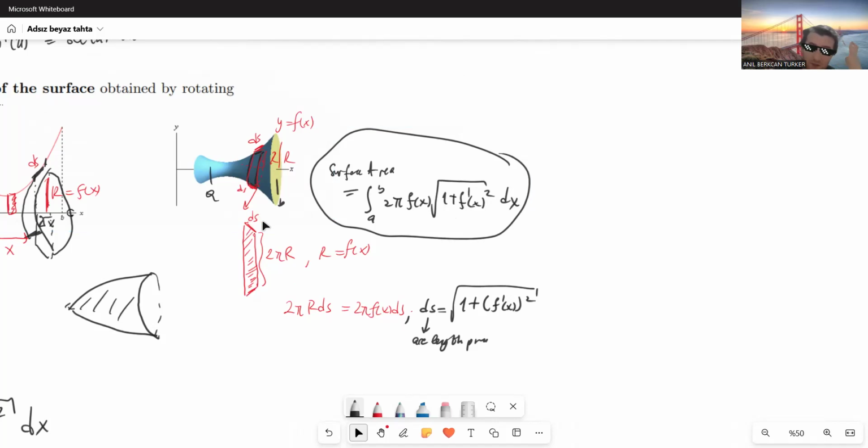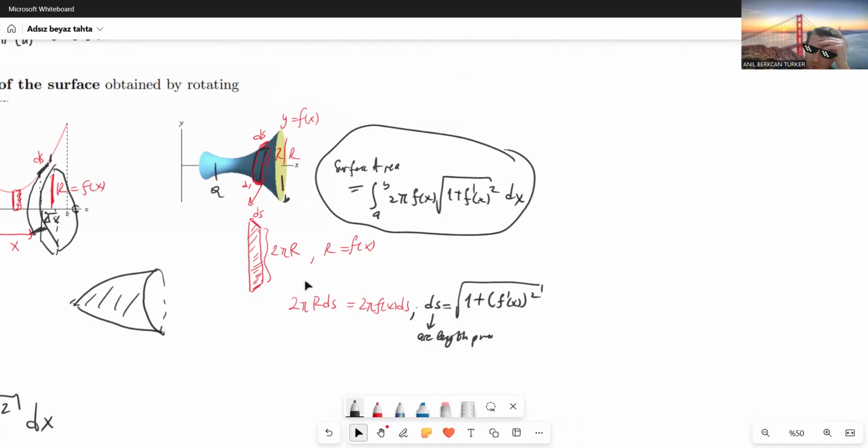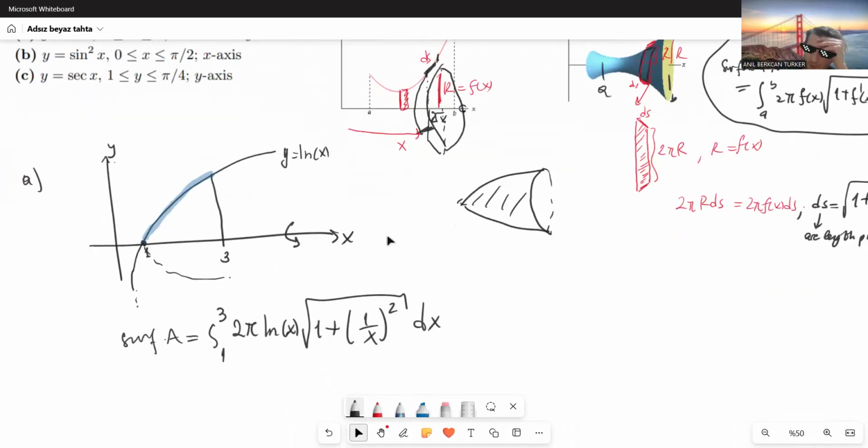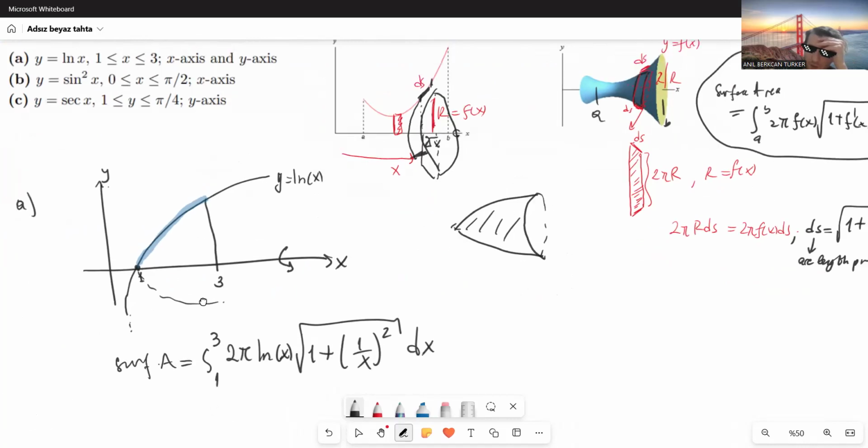We cannot take just dx instead of this part. ds is not dx because it is not horizontal. That's why we need to consider these things. Okay, so that's all. We have dealt with curves, volumes, shell methods, arc lengths, surface areas of revolution, etc.